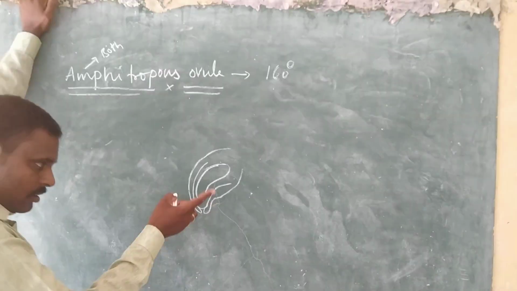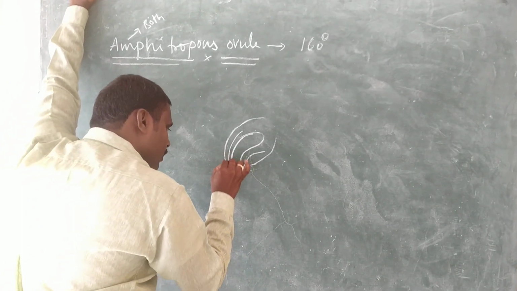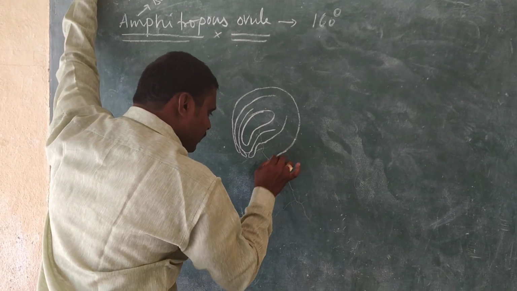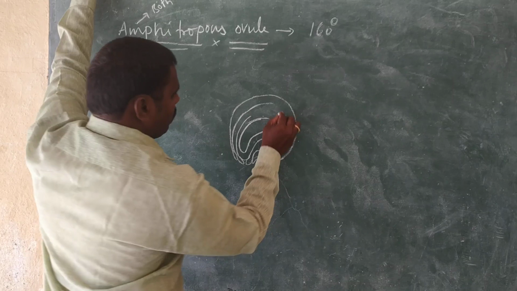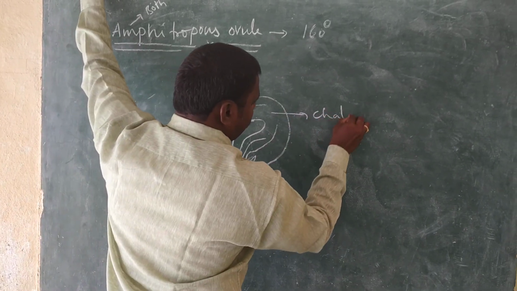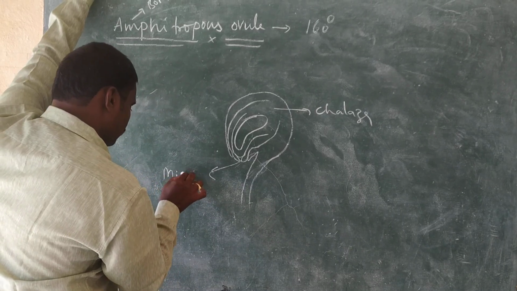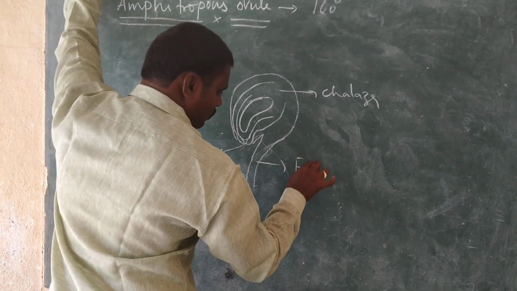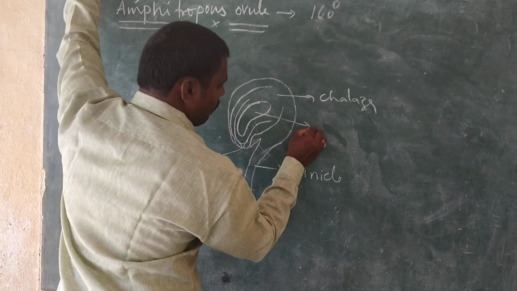Micropyle is directed near to the funiculus. So this is the chalaza, micropyle, funicle, and this is the embryo sac.